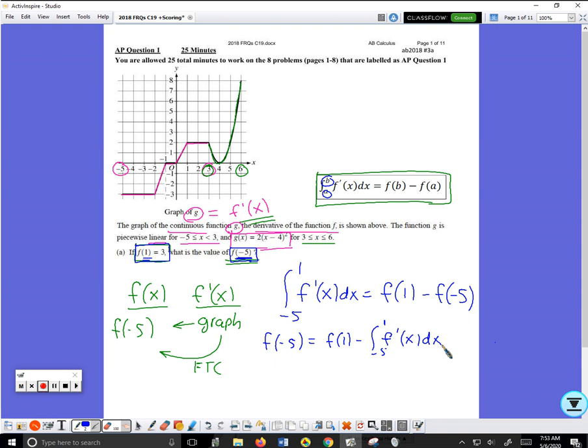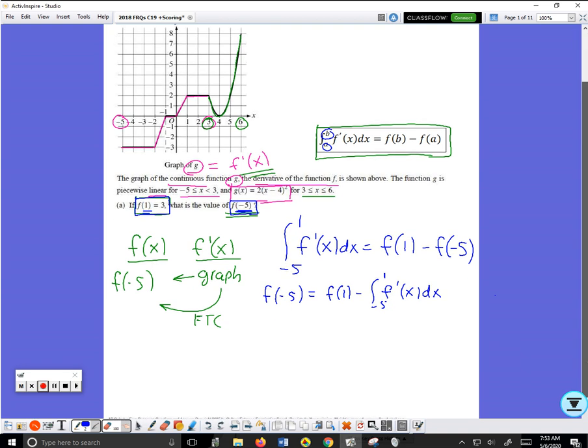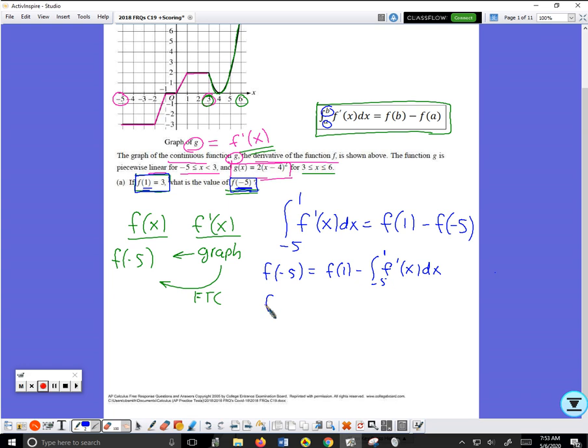Okay, let's keep going. f of 1 has a value of 3.